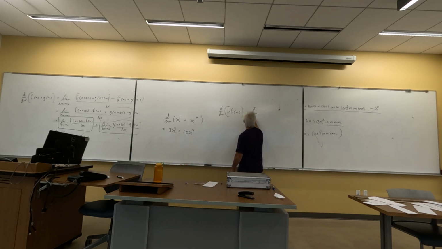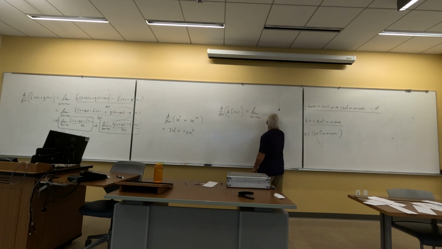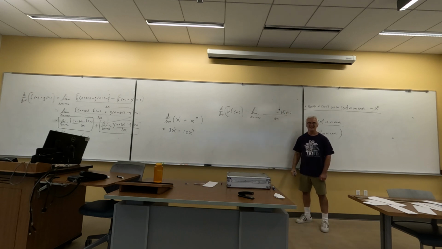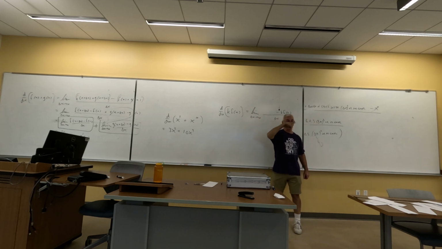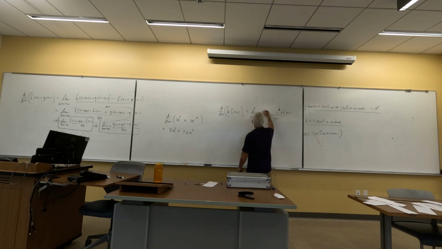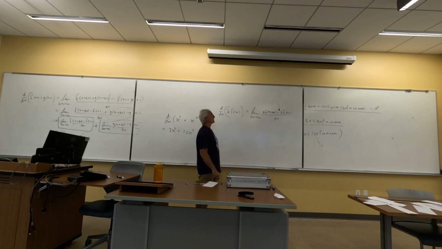So let's do this. This is the limit as delta x goes to 0 of, well, I'll write the first part. See, you can never miss this part. Right? Something minus my function over delta x. What goes here? My function evaluated at x plus delta x. So this would be k f of x plus delta x. This is a limit.